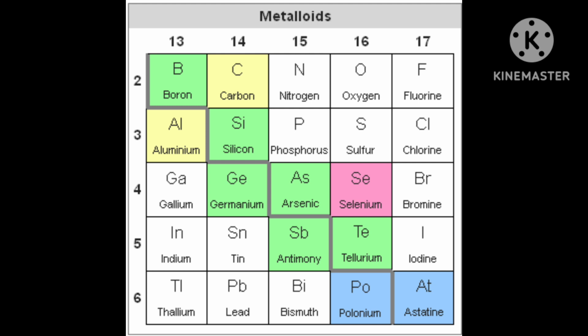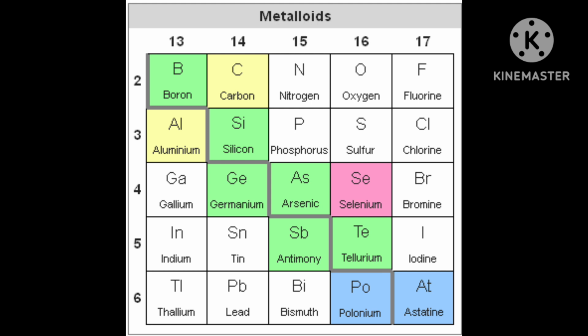Barium is 56, that is the atomic number, but the atomic mass is 137.33. And radium, it is 88 atomic number, and mass number is 226.03.